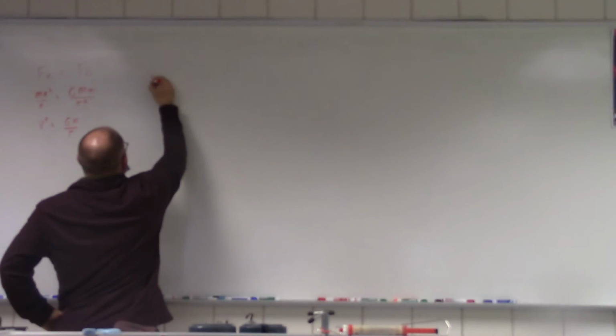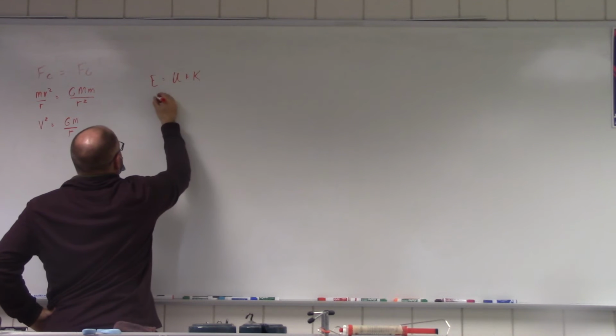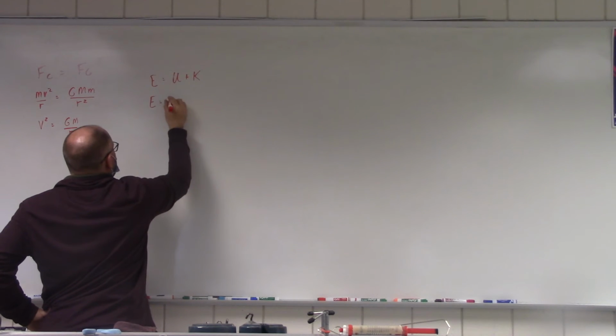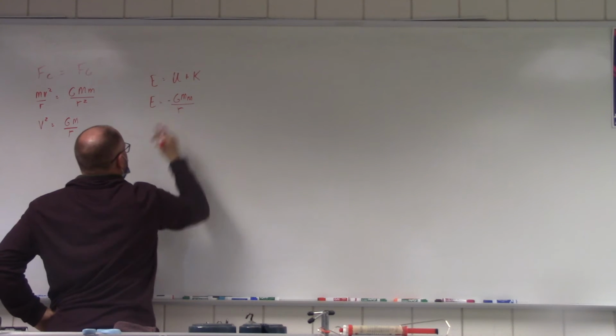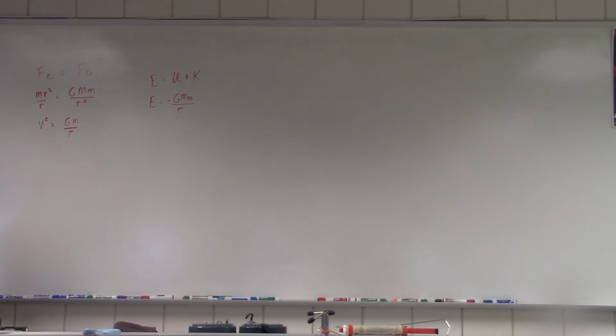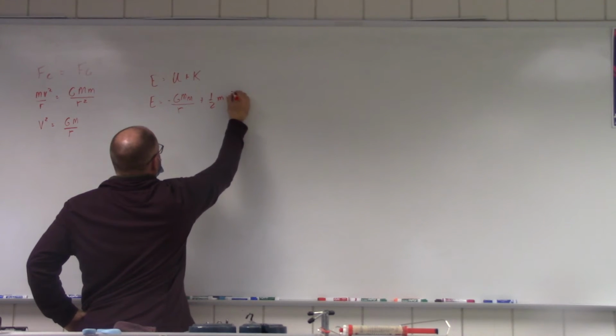So let's talk about the total energy of an orbiting satellite. It's going to be equal to U plus K. Our U is negative GMm all over r, where r is the center-to-center distance. No problem. And what's the kinetic energy? It's 1/2 mv squared.